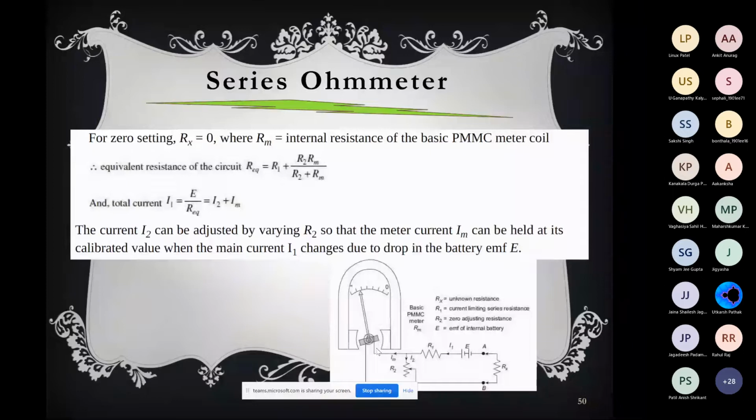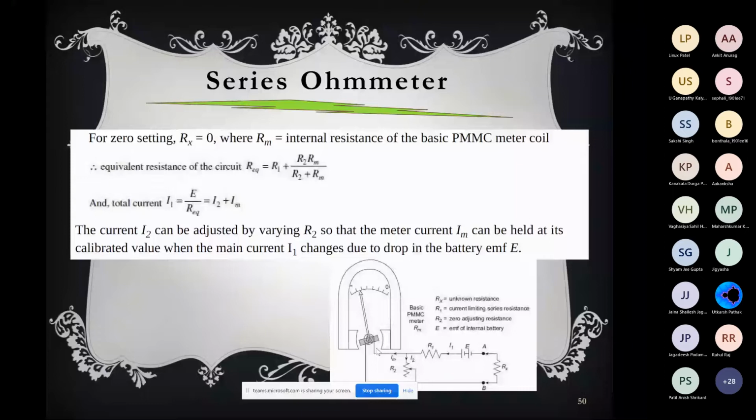Once the current I1 changes, you can change the value of R2 so that the meter current Im can be held at the calibrated value, the same value, even as the main current I1 changes due to drop in the battery EMF. So by changing this R2, we can calibrate it before starting measurement, and the adverse effect of degrading EMF with time can be avoided. Okay, this is one part.